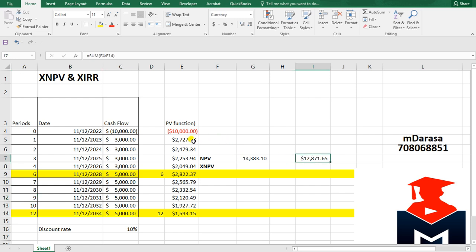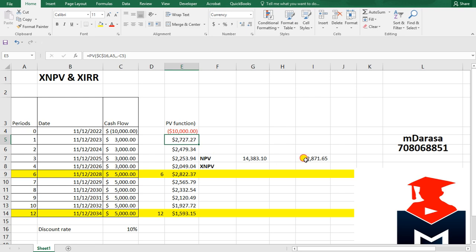Because NPV basically will always tend to count 1, 2, 3, 4, 5, 6. But once we have used this, it will pick this as 6, the way you have it here. So basically, this is now what we will be achieving.